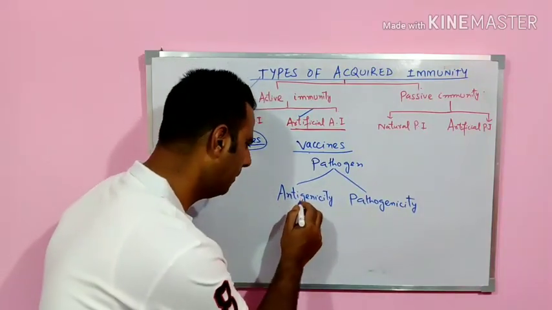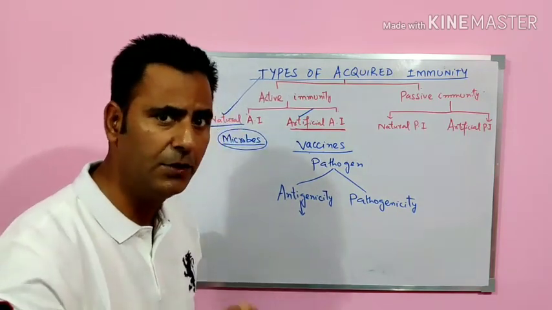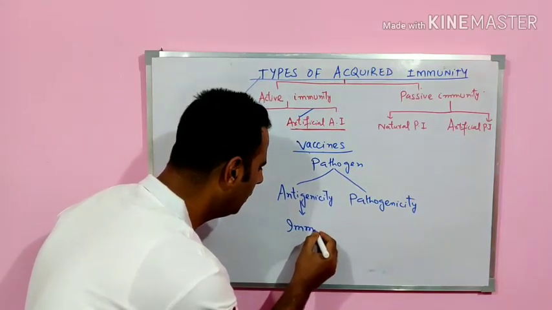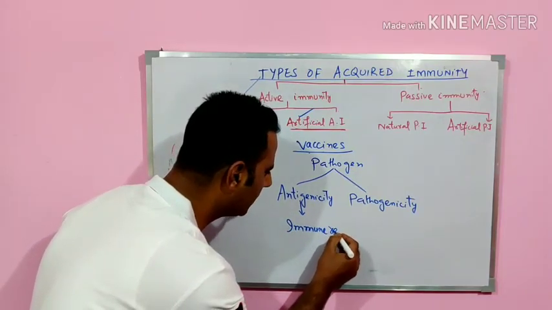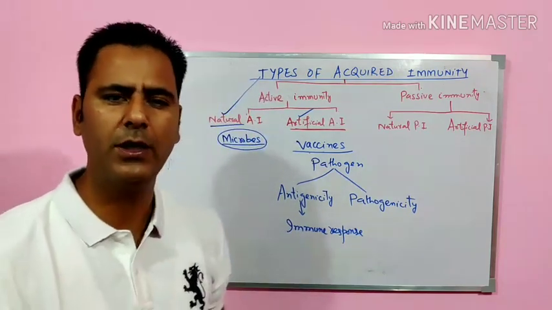Antigenicity is the property of an antigen by which it can evoke our immune response. It is the natural tendency of our body.